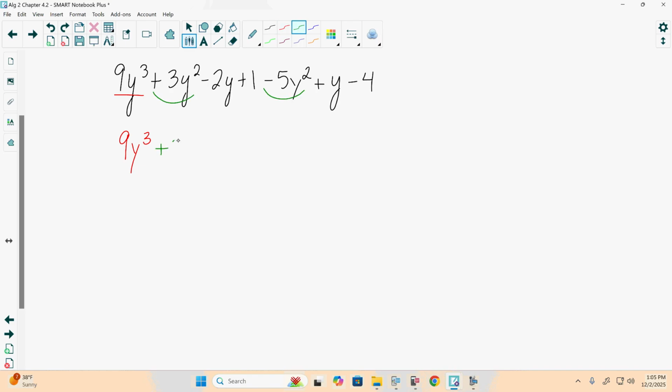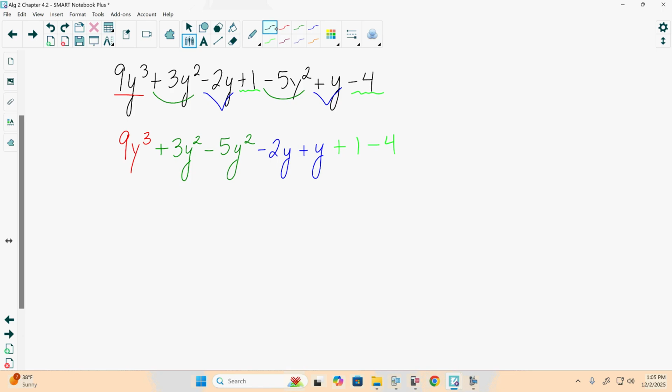Next, we would put our y squareds together, so our 3y squared and negative 5y squared. We can put them next to each other. Then we can put our y terms next to each other, our negative 2y and positive 1y. And then lastly, we can put our constant terms of positive 1 and negative 4 next to each other.